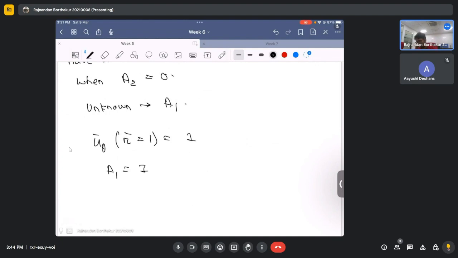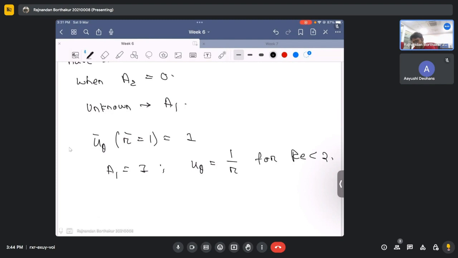So we end up getting the same solution, that U theta is 1 by R, as expected, because U theta cannot have a sudden jump in its solution. So U theta is 1 by R for Re less than 2.